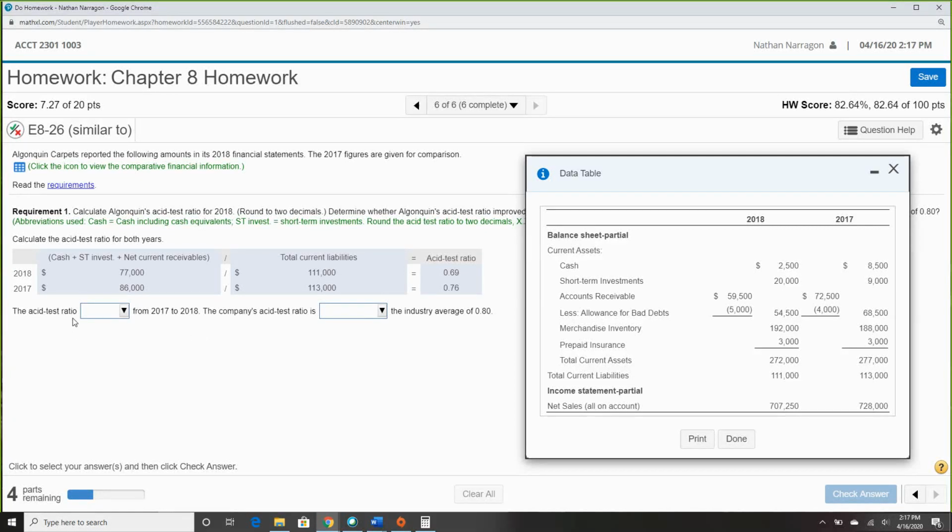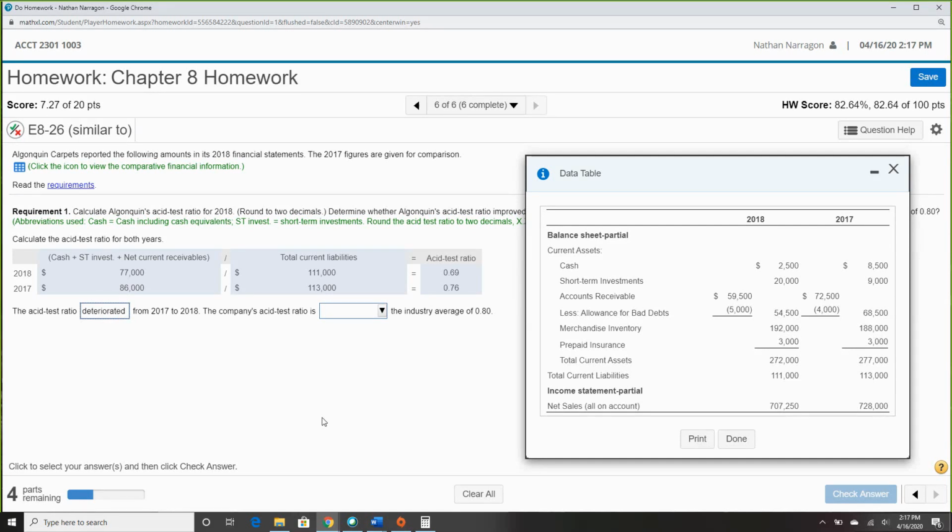So the asset test ratio from 2017 to 2018. Basically, if we went from this period to this period, did it happen to improve or deteriorate? Basically, decrease. For me, it indeed pretty much decreased.